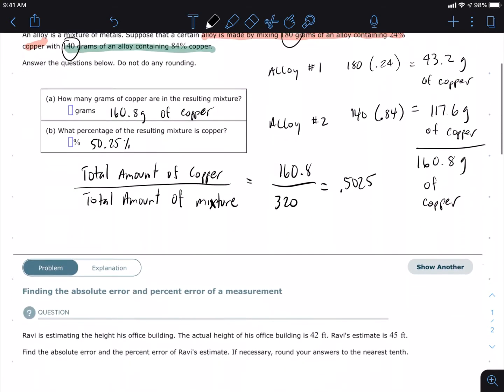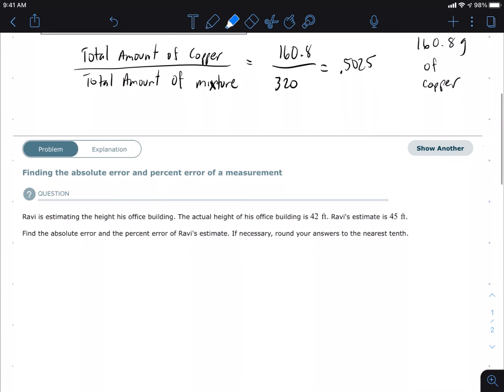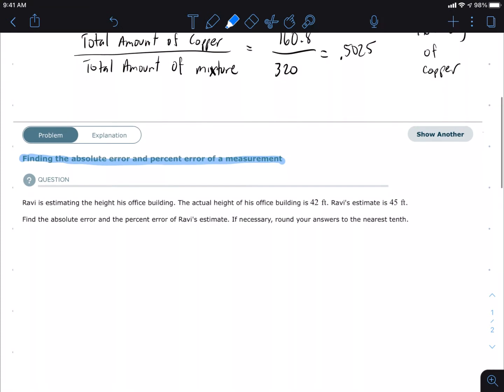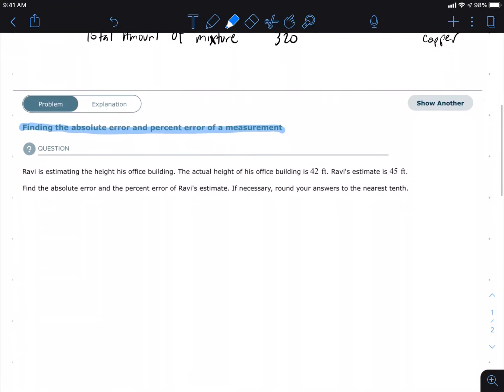So here we go. This topic is finding the absolute error and percent error of a measurement. So percent error, just so we know, or we call it relative error, is the difference between the two divided by the initial amount.